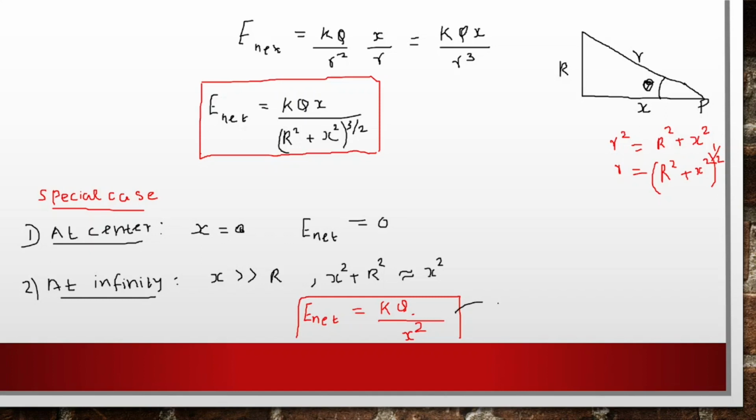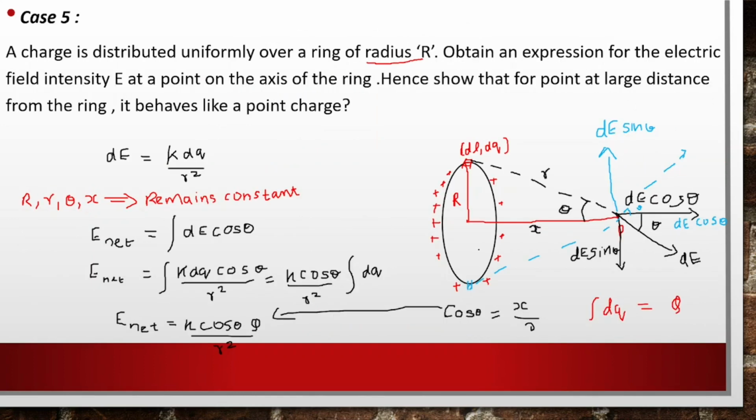So here our ring, which has uniformly charged distribution, behaves like a point charge. So that's all about this derivation.